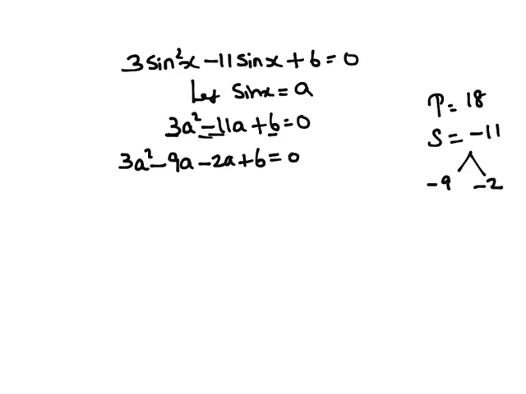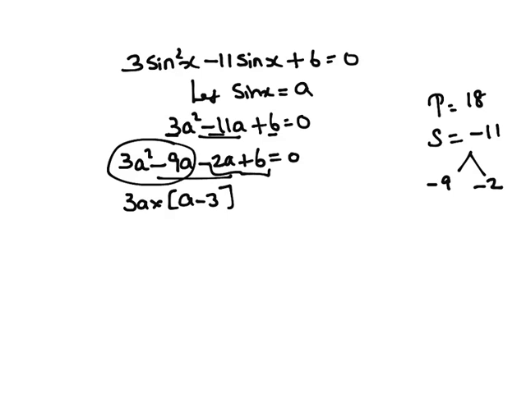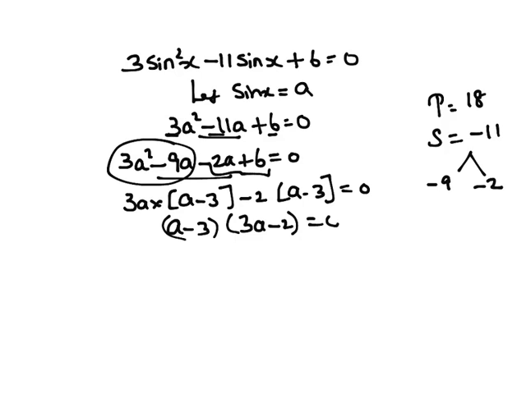That means I am writing minus 11a as minus 9a minus 2a. From the first two terms, let me take 3a common. So 3a multiplied with a minus 3, and from these two let me take minus 2 common, into a minus 3 equal to 0. Which means a minus 3 into 3a minus 2 equal to 0.